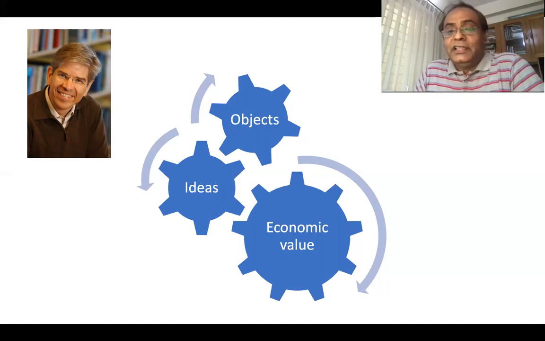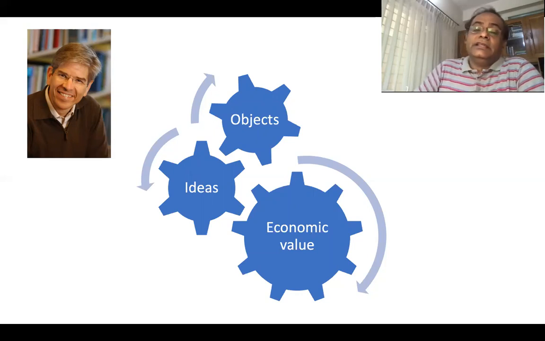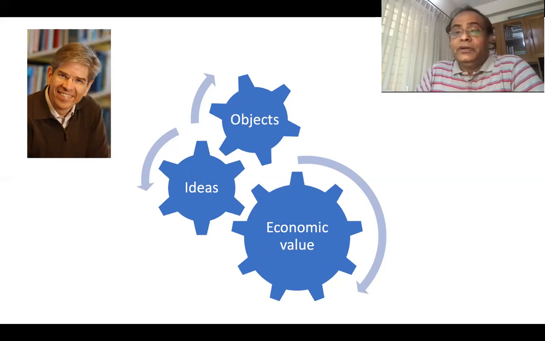Then they're mixed up with ideas, and the combination produces more value. That is, we produce more value than the cost. And that's the place ideas play a vital role in our economic value creation.